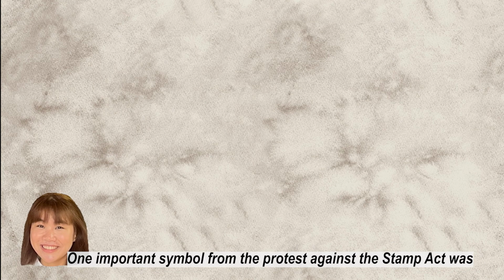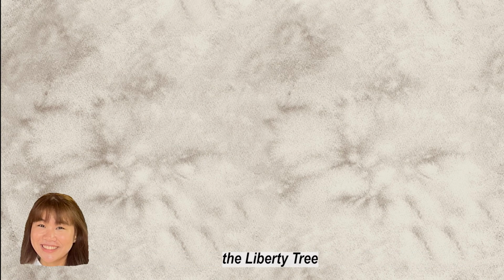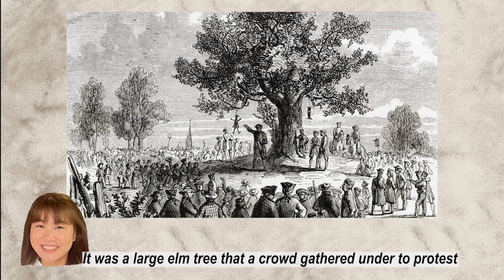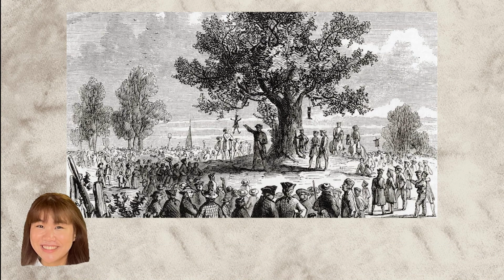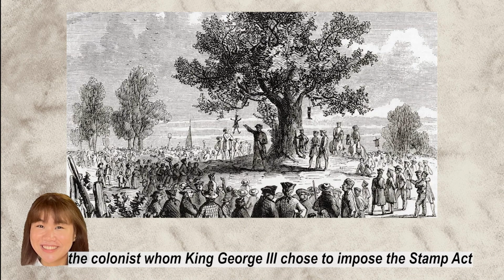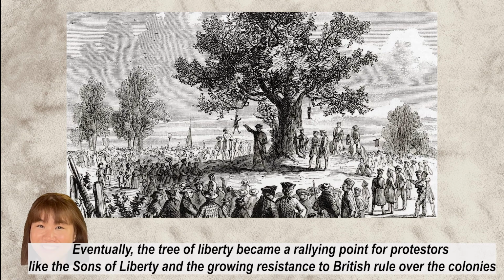One important symbol from the protests against the Stamp Act was the Liberty Tree. It was a large elm tree that a crowd gathered under to protest. On the 14th of August, the protesters hanged a letter AO on the tree, which stands for Andrew Oliver, the colonist whom King George III chose to impose the Stamp Act.